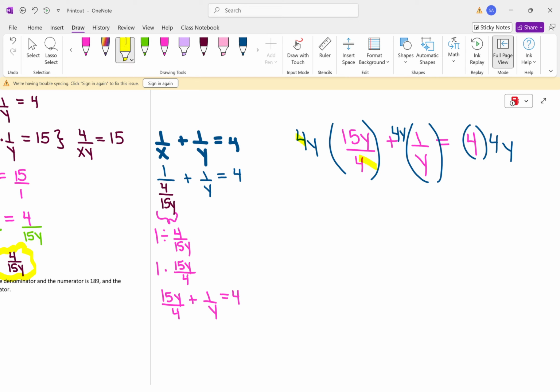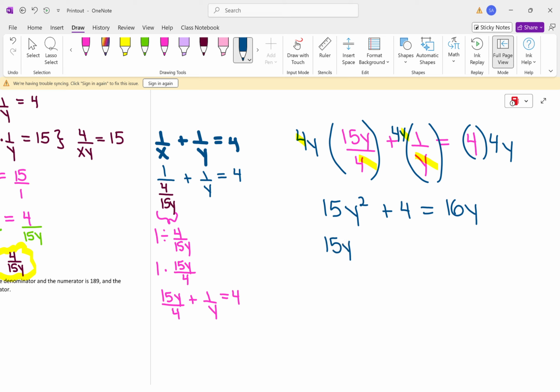So here the 4's cancel, then the y's cancel. So I'm going to end up with 15y squared plus 4y plus 4 is equal to 16y. Do we all agree this looks like something that's going to be factored? So I need to set it equal to 0.